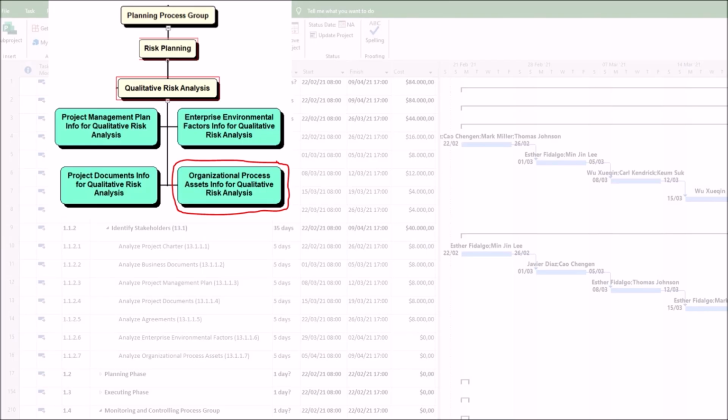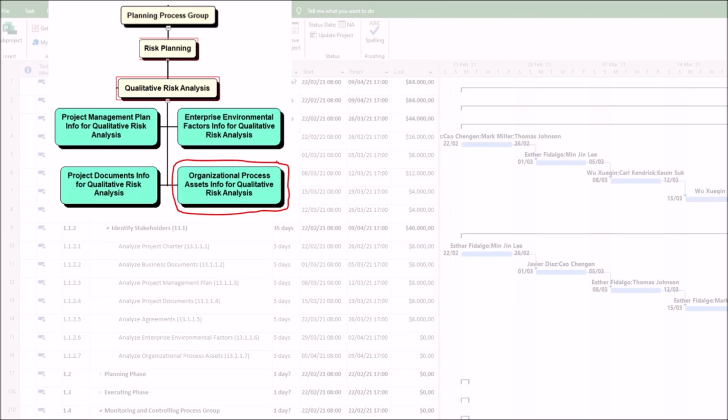Consequences of weak or non-existent organizational process assets. If an organization has poor or no relevant organizational process assets, the Perform Qualitative Risk Analysis process becomes: first, subjective, heavily dependent on the project manager's personal experience and judgment.